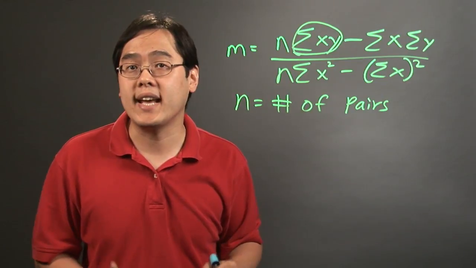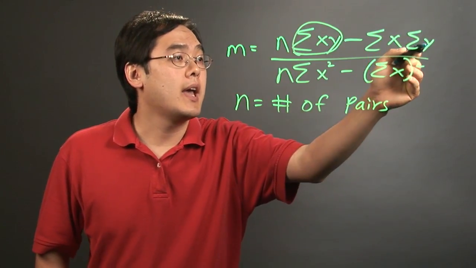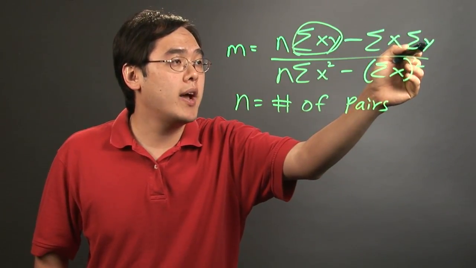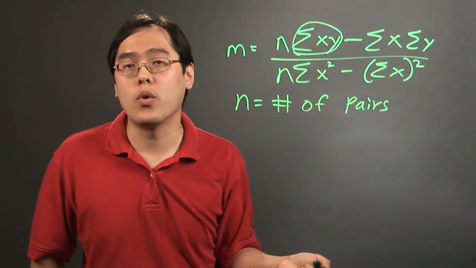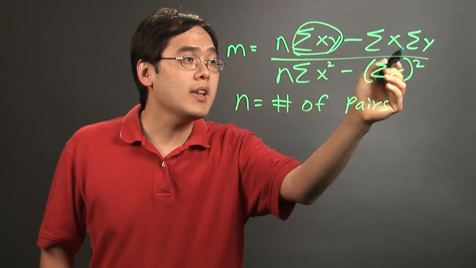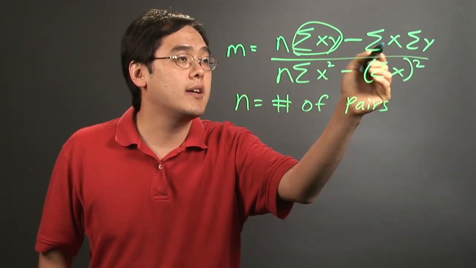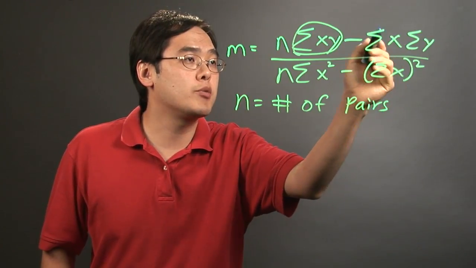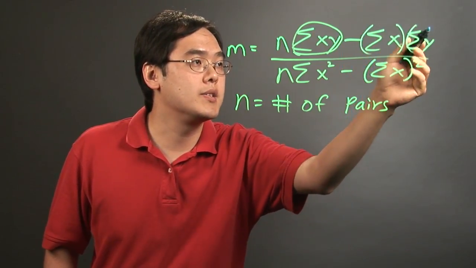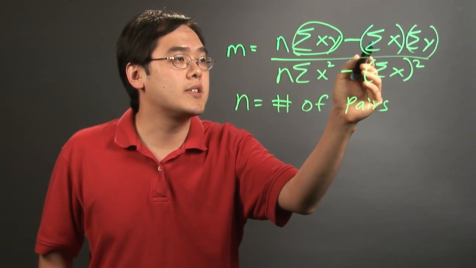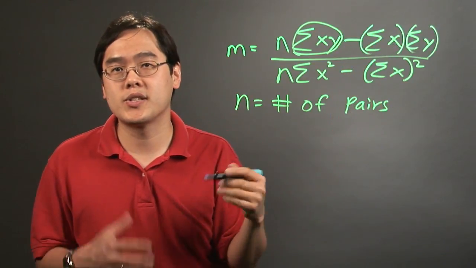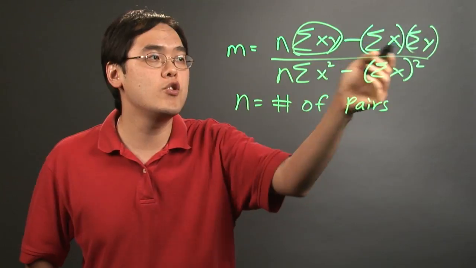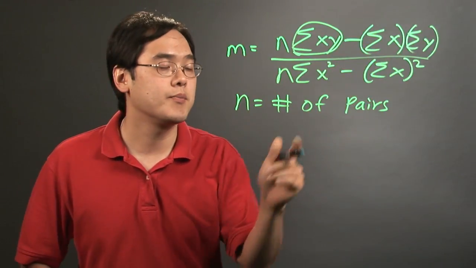Yes, you want to add all the x data points, and then you want to do the same thing with the y coordinates. Add all the y coordinates together, and then you're going to take the sums of each and multiply these. So you want to take the sum of the x coordinates and multiply by the sum of the y coordinates. So that's your numerator. It's somewhat complicated as is.